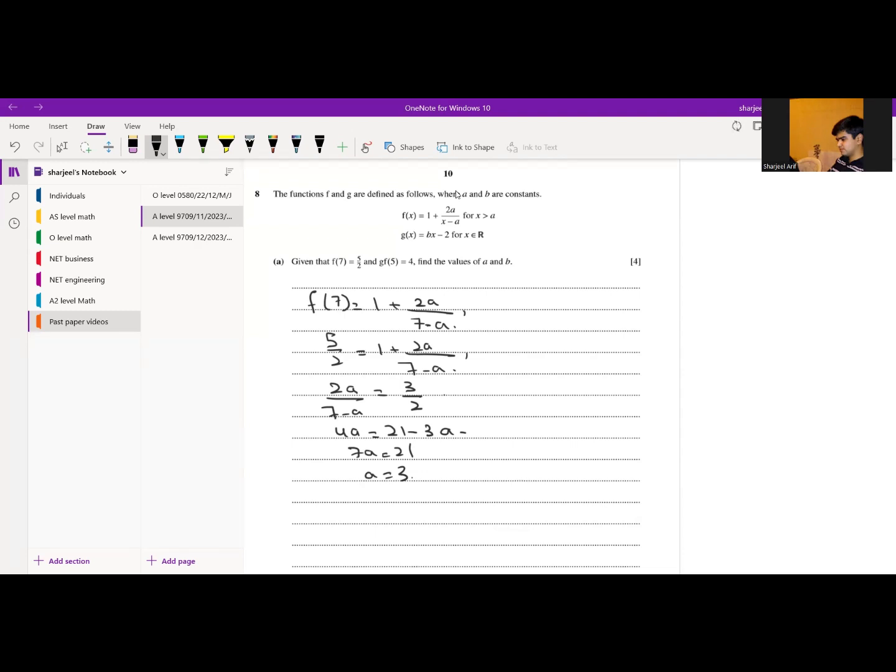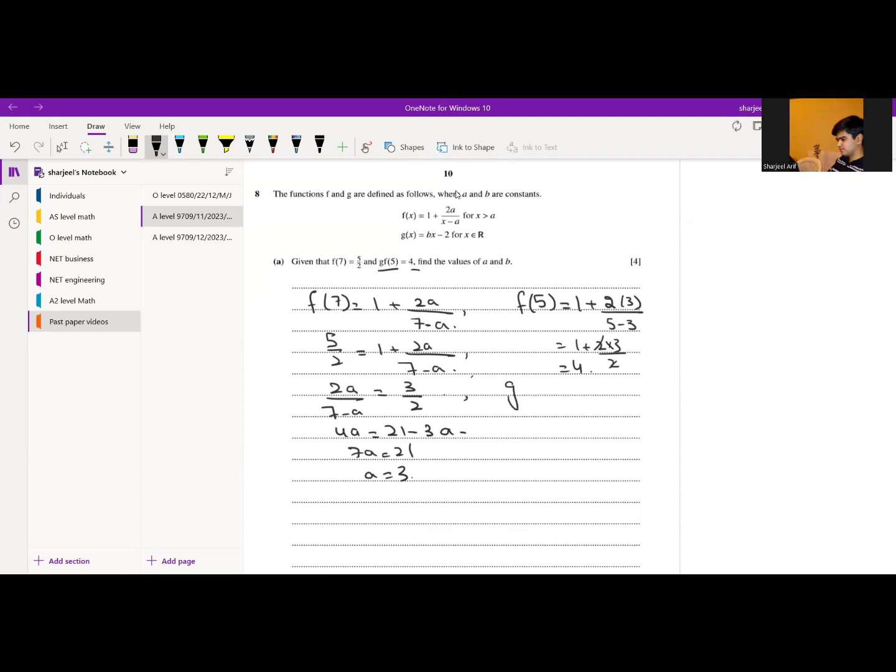For part B, we are given the value of g of 5 equals 4. So first we will find the value of f of 5. Because we know the value of a now, we can find the value of f of 5. So this will be 2 into 3 divided by 5 minus 3. So this will become 2 into 3 over 2. Cancel these two. You will get 4.